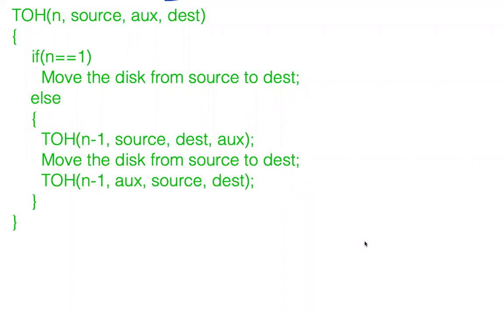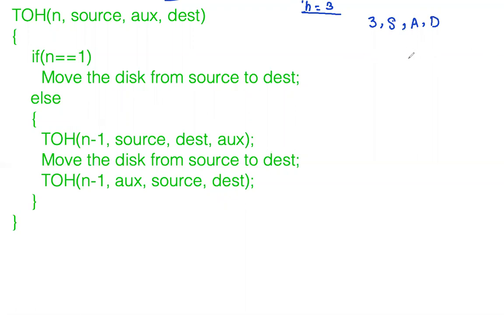Now let us see the recursion tree for n equals 3. So initially we are calling it for 3, that is, the number of disks is equal to 3, with source, auxiliary and destination. That means S, the source peg, the auxiliary peg and the destination peg.